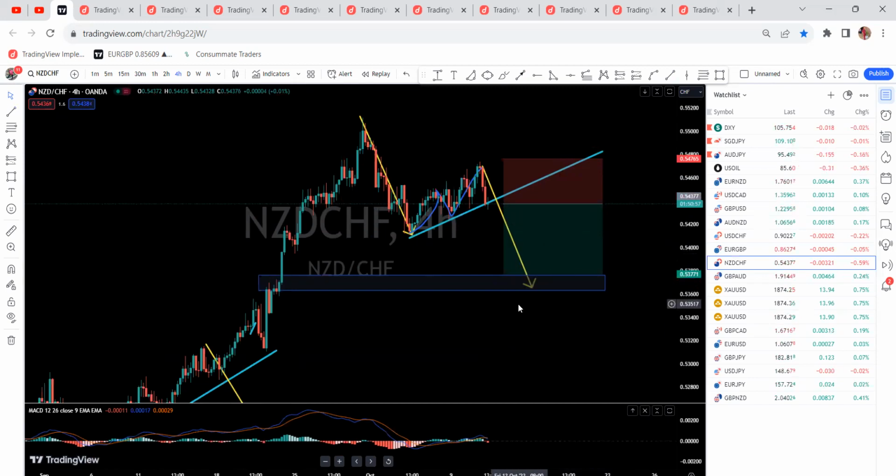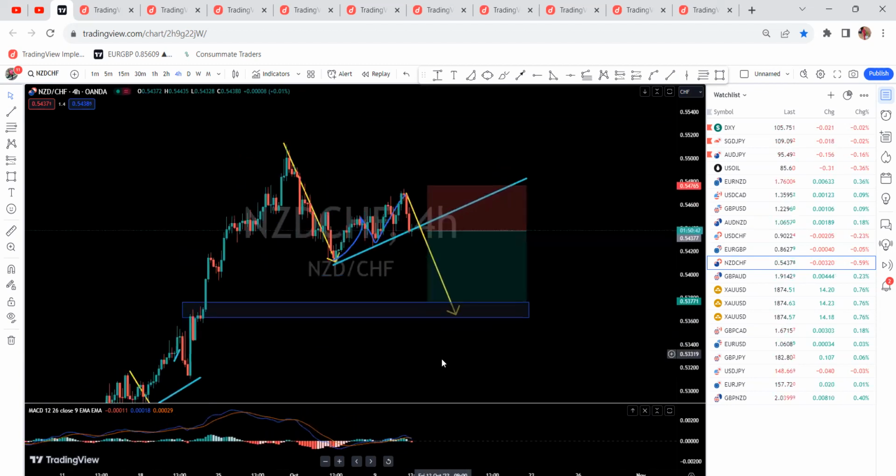So this is what you can gain from this, or you can wait for a corrective structure, a retracement. After breaking this, going up for retracement, that is what I call discount. So you can then enter from there. So these are very nice. This NZD chef is the trade of the week. Don't miss it, okay? Don't miss this.